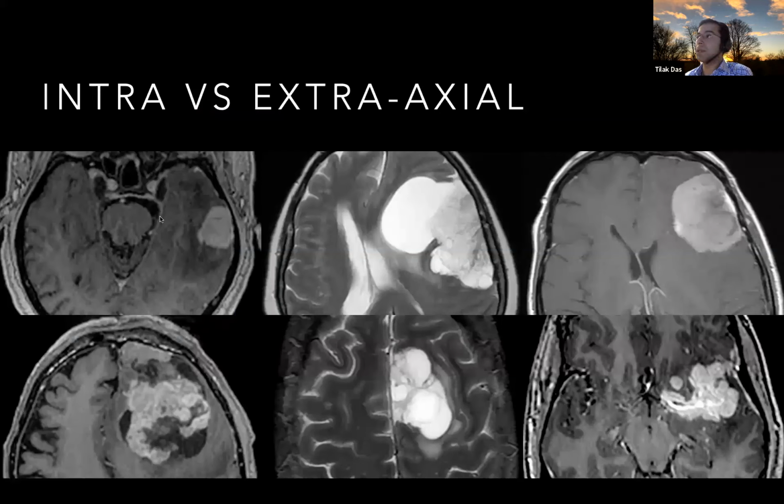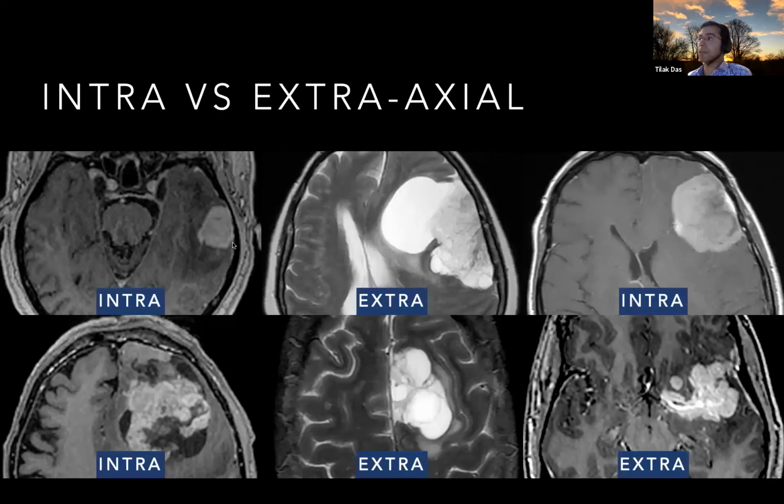So yes, case 1, enhancing mass, very close to the surface, of course, and there's a bit of dural thickening or maybe dural reaction just under that. There's a very thin hypointense line between the dura and the lesion, but certainly not obvious. And this was actually an intraaxial mass.